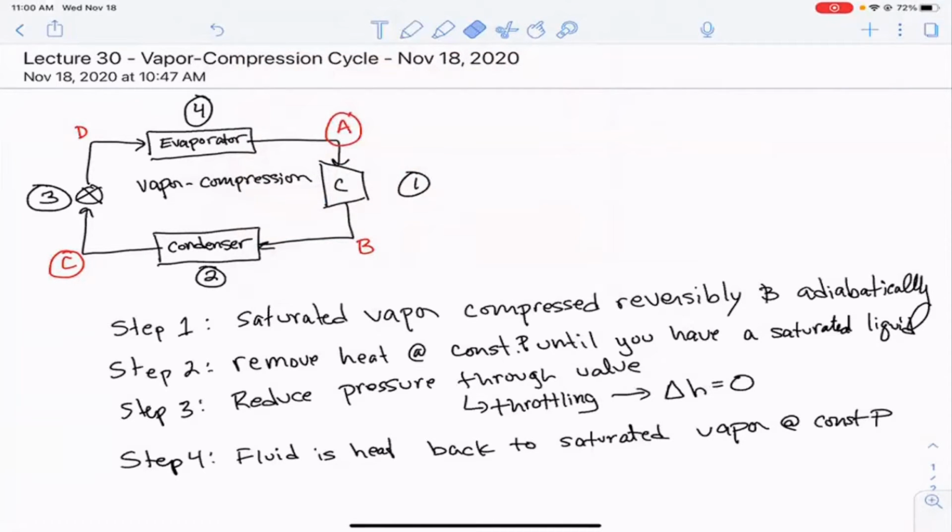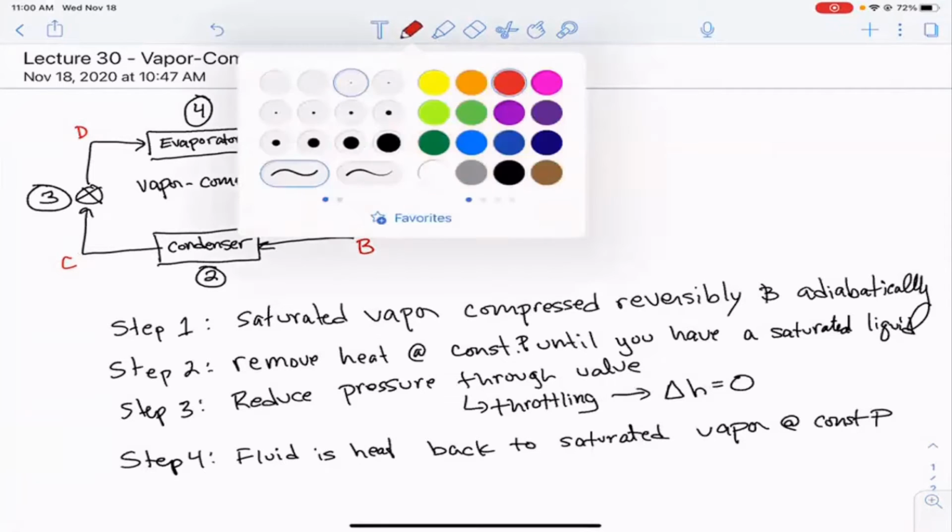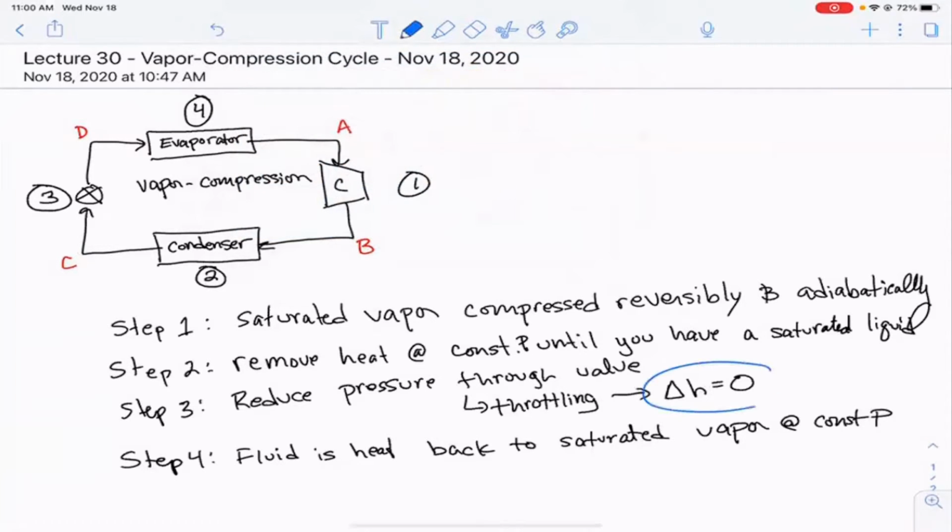If we think about this, we already said that we have saturated vapor and saturated liquid, but we also have a throttling valve. We have this step where we know that delta H is equal to 0.